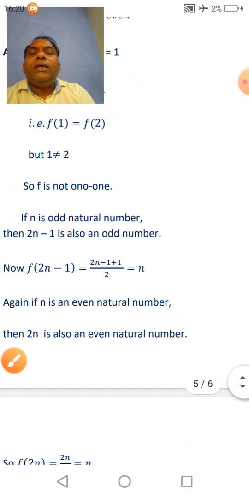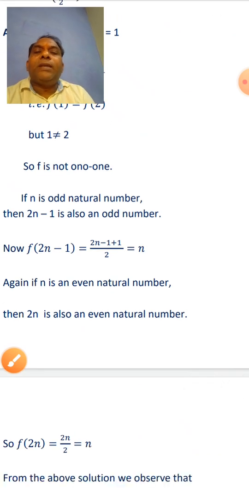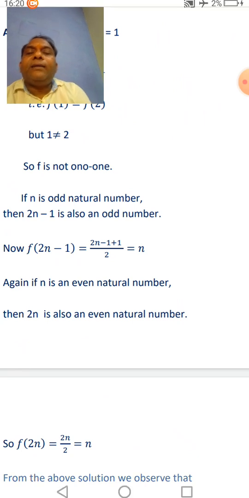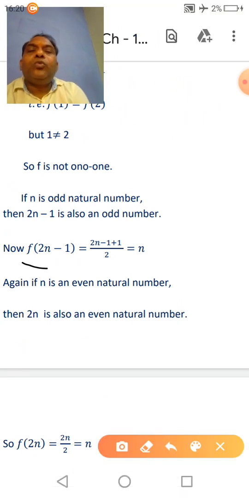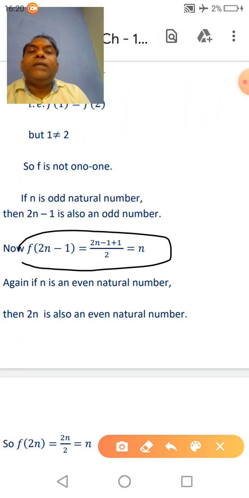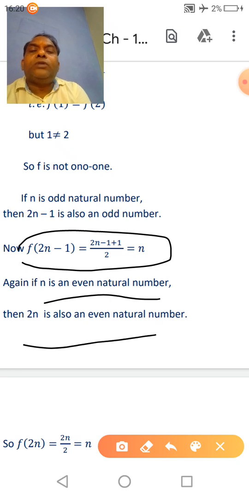Now if n is odd natural number, then 2n minus 1 is also an odd number. f(2n minus 1) is equal to (2n minus 1 plus 1) by 2 is equal to n. Again, if n is even natural number, then 2n is also even natural number.